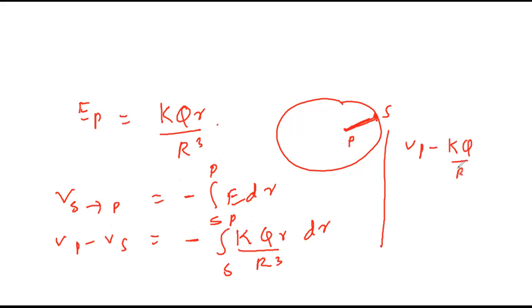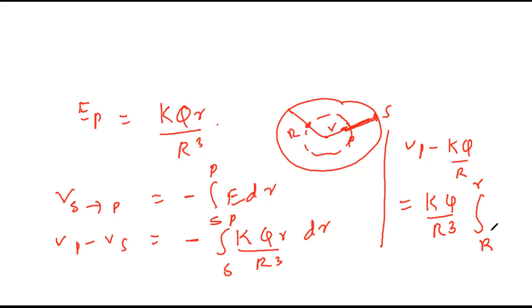We know it is KQ by R. K constant, Q constant, R cube constant, from surface to point, that means from center it was capital R up to any point r from this center. We brought the charge to any point P which is at distance r from the center. So r dr का इंटीग्रेशन इतना लिखो जरा.